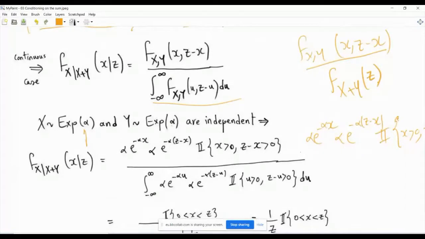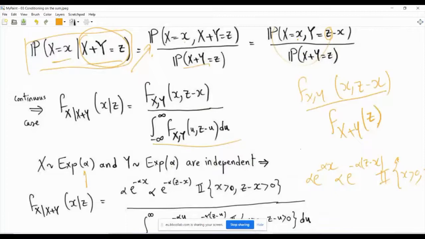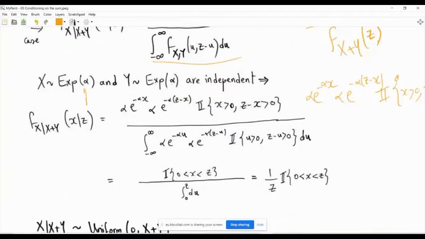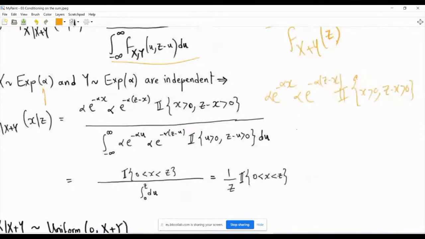In the denominator, we will have the PDF of the sum, which is the integral of what we have in the numerator with respect to y. Now if you integrate, you will find that x is greater than 0, and from this one we have z is greater than x. So x is between 0 and z.